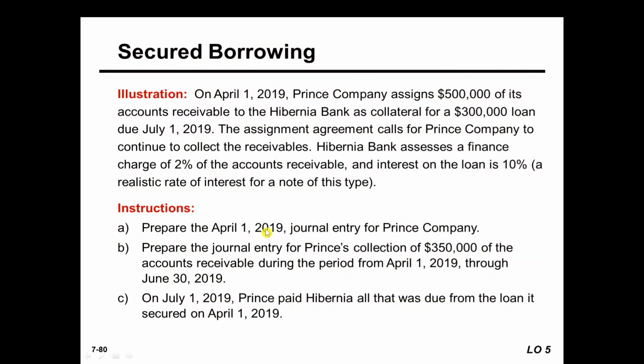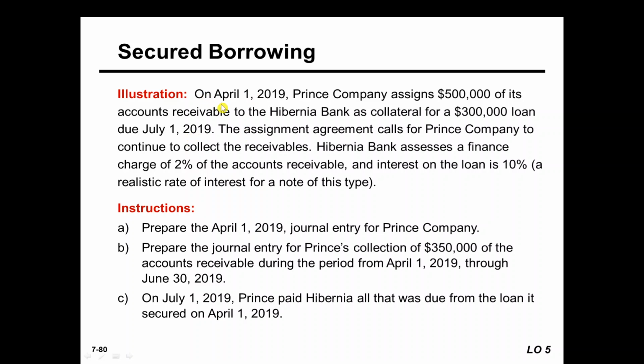This is the other example. On April 1, 2019, Prince Company assigns 500,000 of its account receivable to Hibernia Bank as collateral for a 300,000 loan. So it receives money as much as 300,000, but it has collateral of 500,000, due in July 2019.